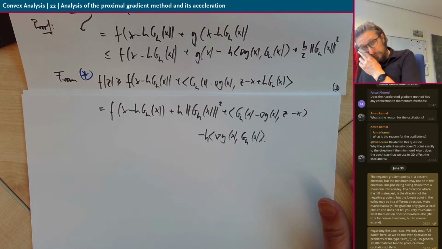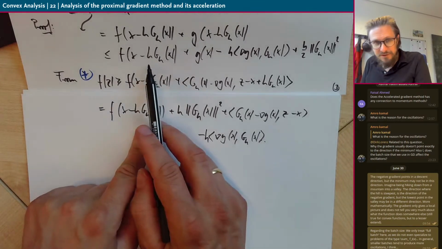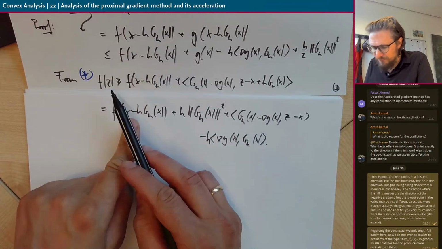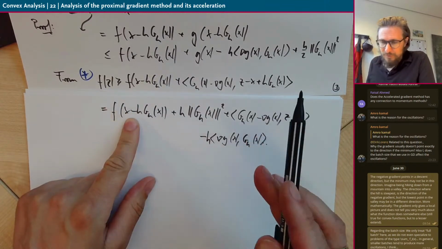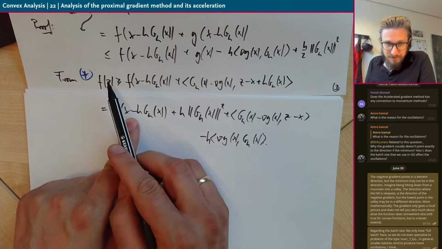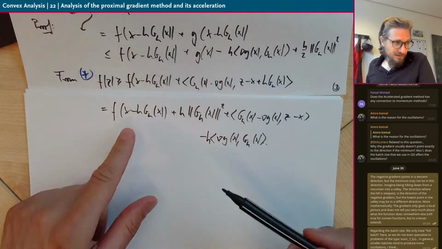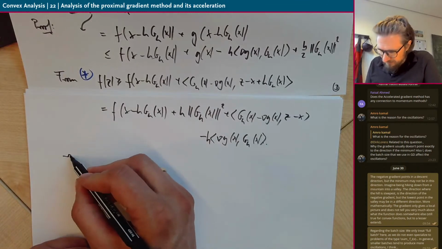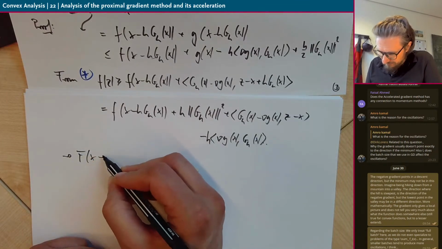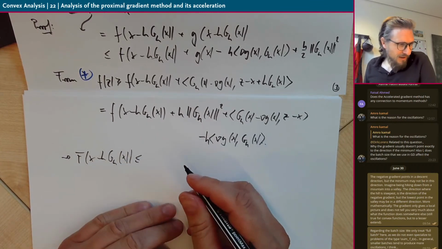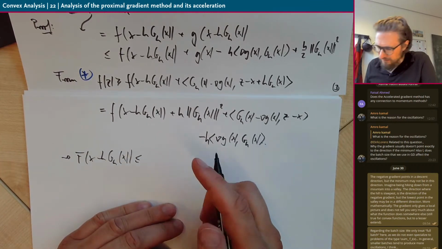Okay, but now we can use this in this inequality here. We have this guy on the right hand side, and we have an upper bound. One way to see it is to bring all this to the left hand side, plug the left hand side here instead of this, and then collect and clean up. So this gives us f of x minus h gh of x smaller equal then what we get.